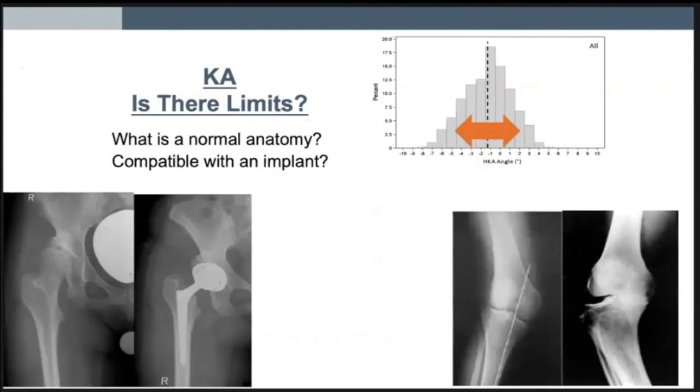With kinematic alignment technique, are there some limits? What is a normal knee anatomy? We know from experience on the hip side and knee side that there are some pathoanatomies, some hips and knees where the anatomy is linked with early disease and degeneration.